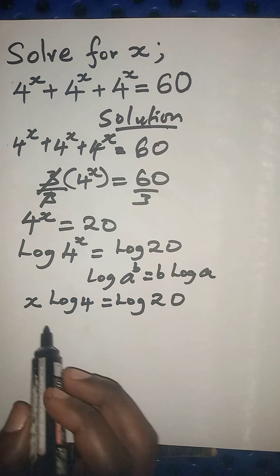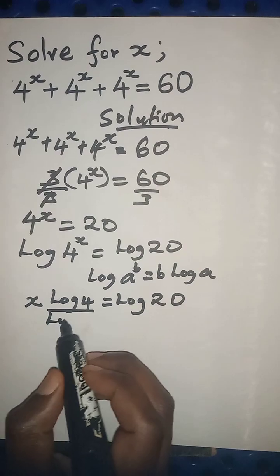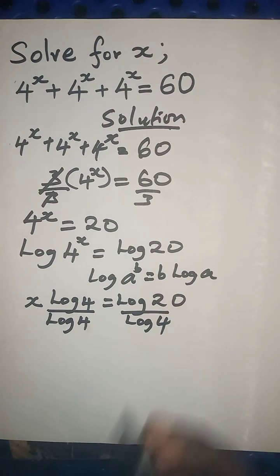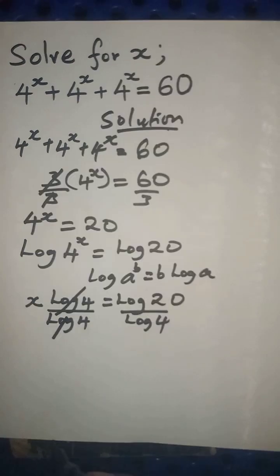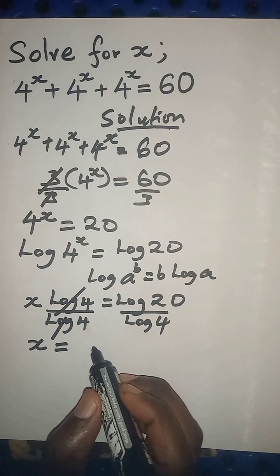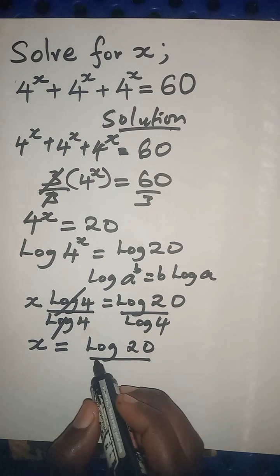I want to remain with x on that side, so I'm going to divide by the log of 4. I'm going to cancel like that, so that I have x is equal to the log of 20 divided by the log of 4.